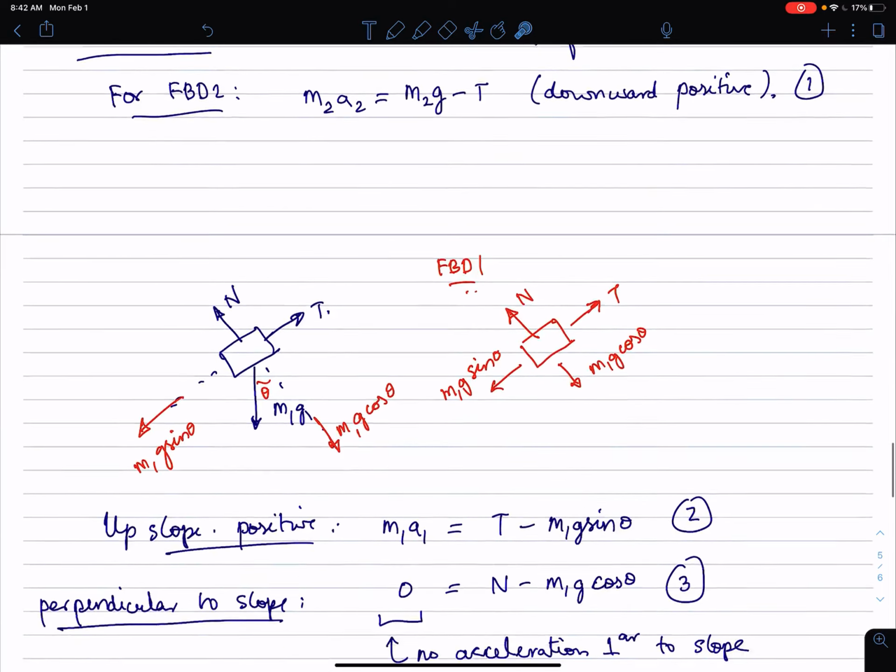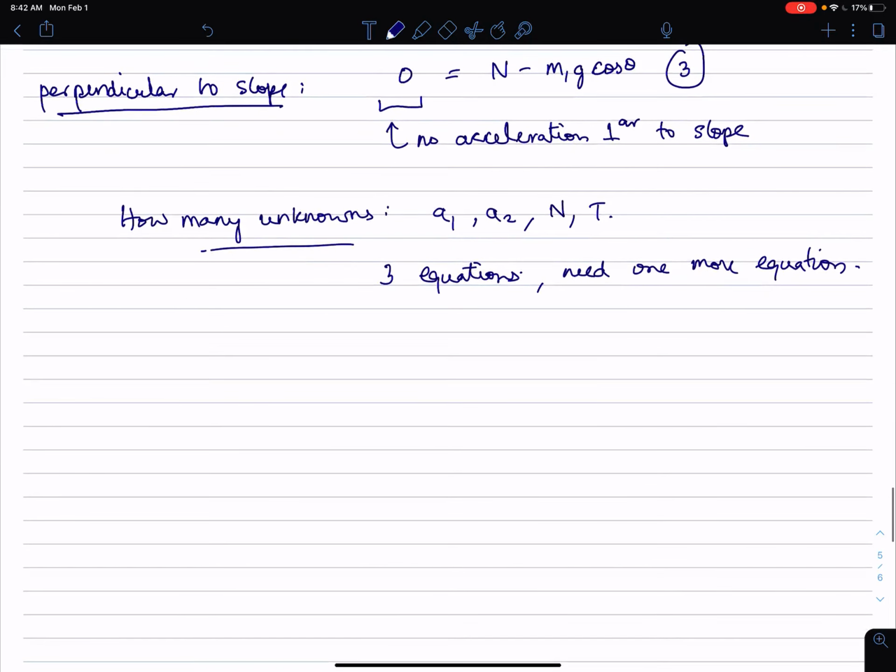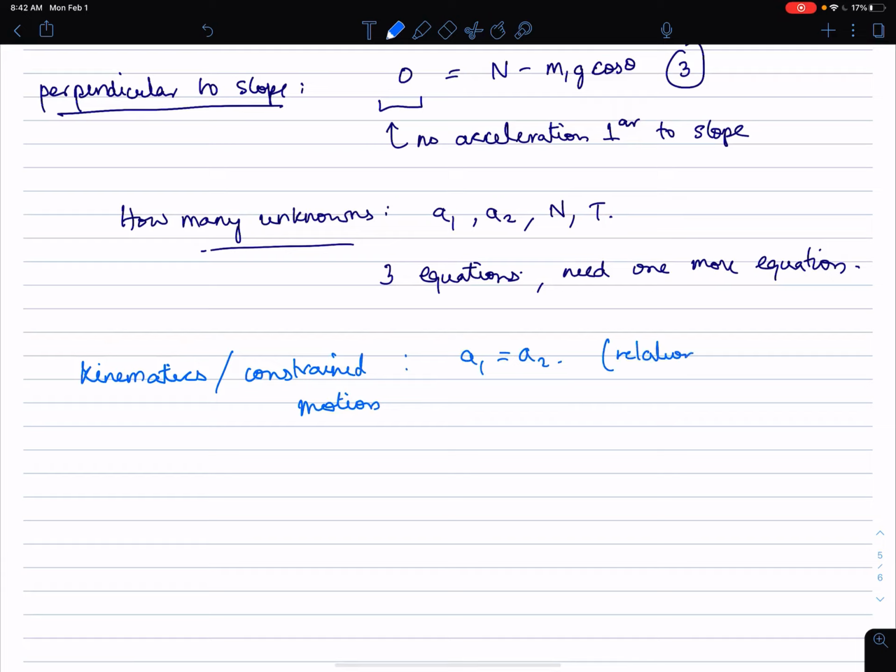So this is what we mean by kinematics of constrained motion. It's basically A1 equals A2. It's basically a relation between accelerations.